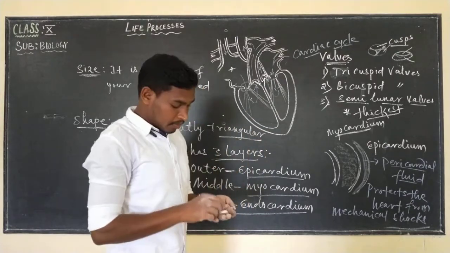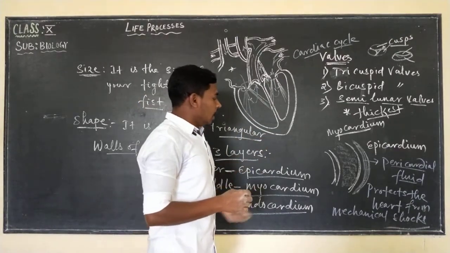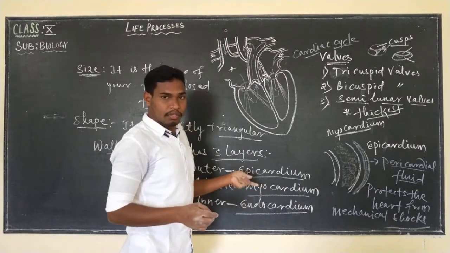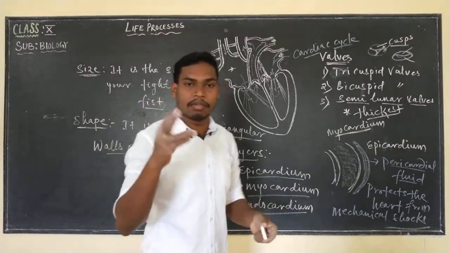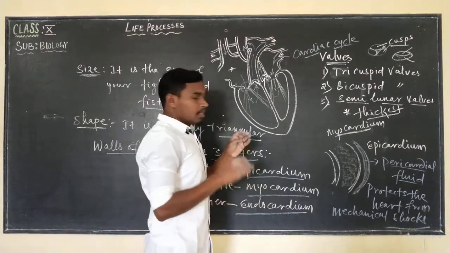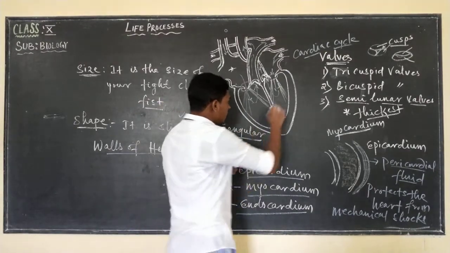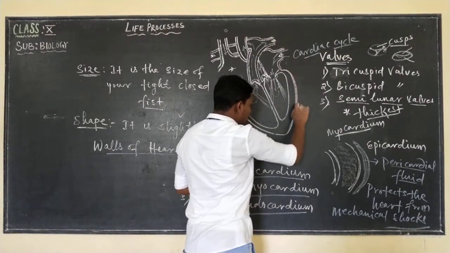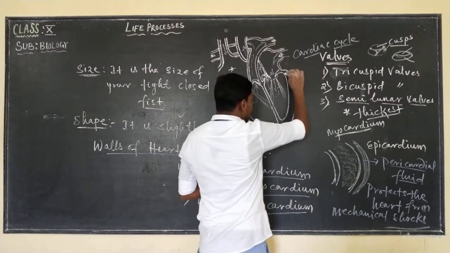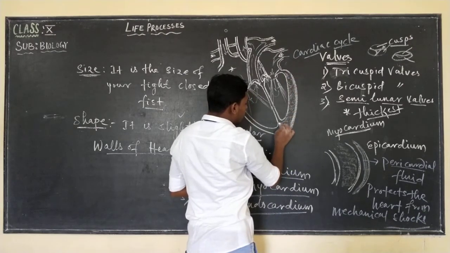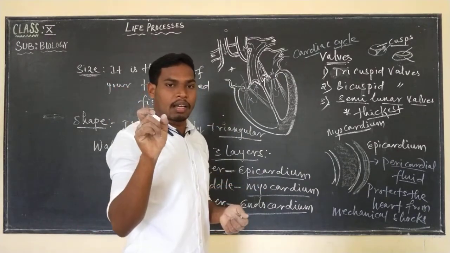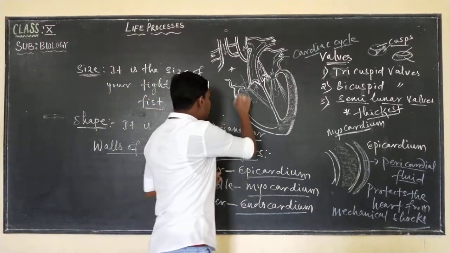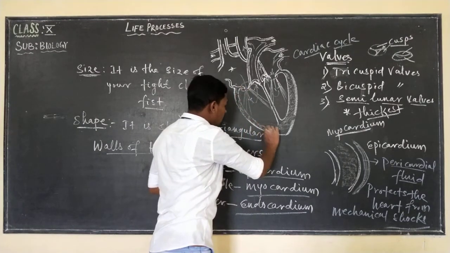And here, very important, as I told you, there are three layers of muscles. The walls of the heart are made up of three layers. In the previous class also I have told you, the walls of this ventricle are thick compared to this ventricle.